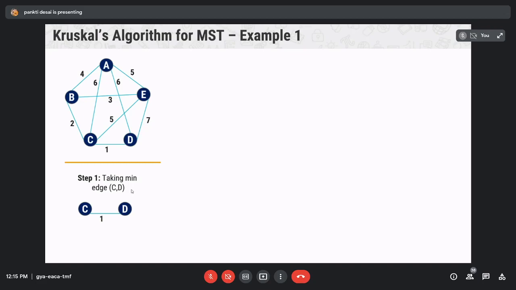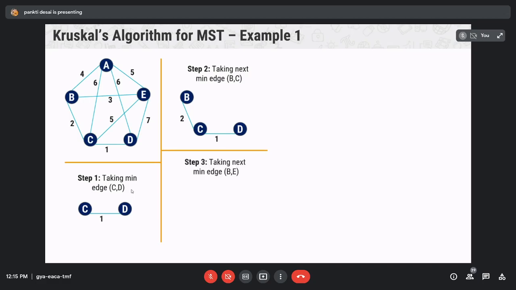Next BC. Taking next minimum edge is BC, right? Then next is BE, right? Next, taking next minimum edge is BE, because BE has weight 3, right?